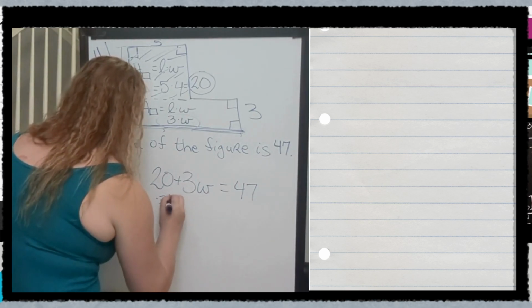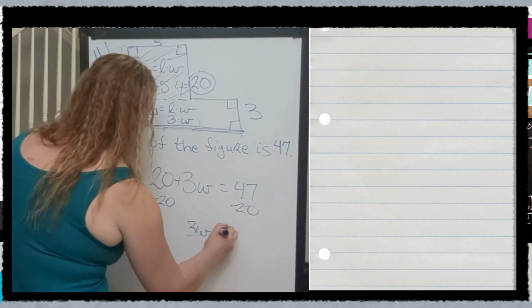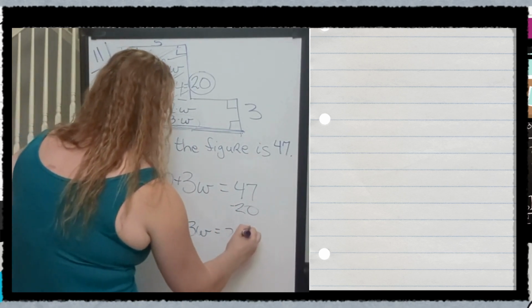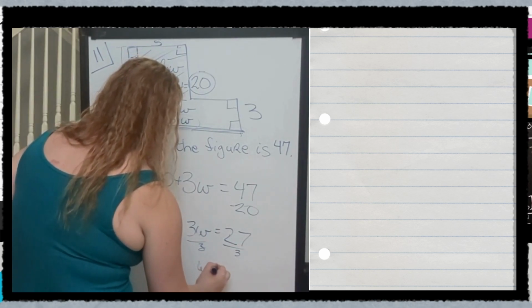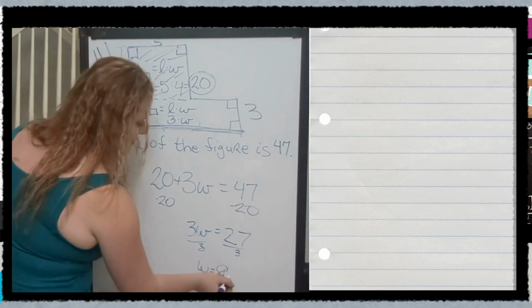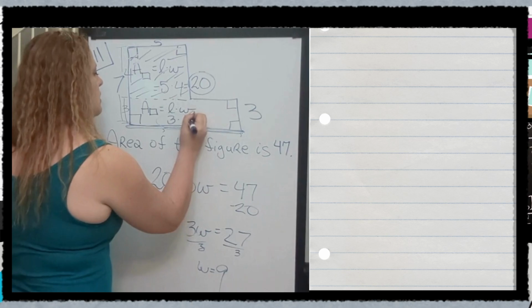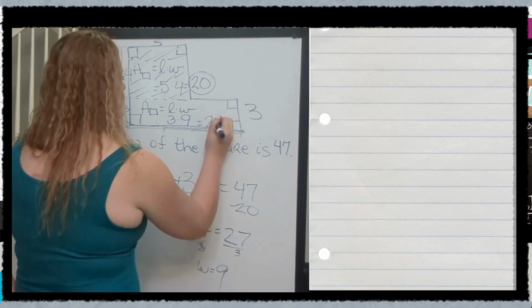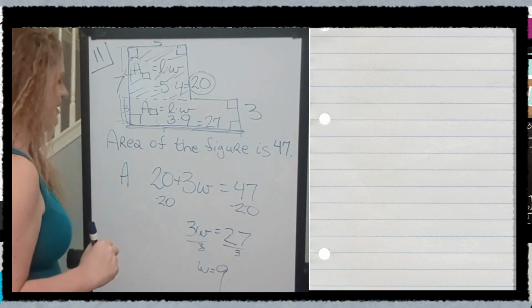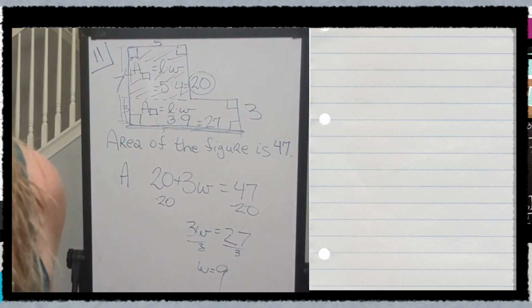Subtract 20 from both sides. 3 of my unknown is equal to 27, which means if I divide by 3, my unknown is 9. So my unknown here, I'm just going to erase it and put it back in there, is 9. So the actual question is asking us what is the perimeter of the entire figure.